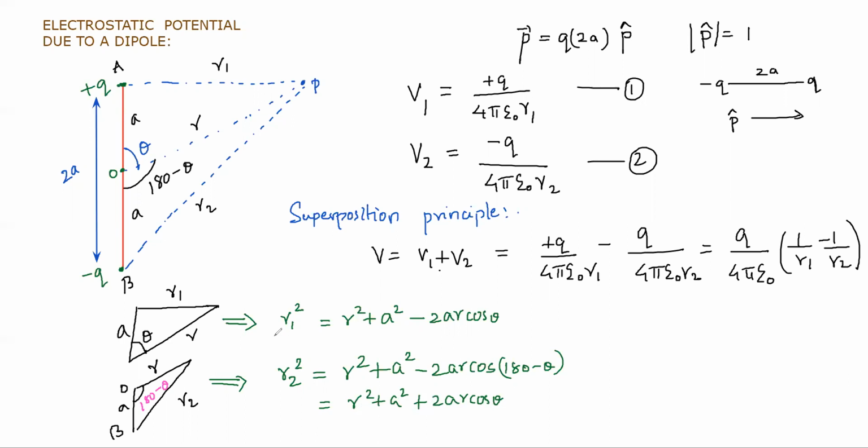Now let us proceed. We will take this particular expression for R1. Let me number it: this expression I will number as 3, this expression as 4, and this expression as 5. Let us take this separately and continue. So R1 square equal to R square plus A square minus 2AR cos theta.